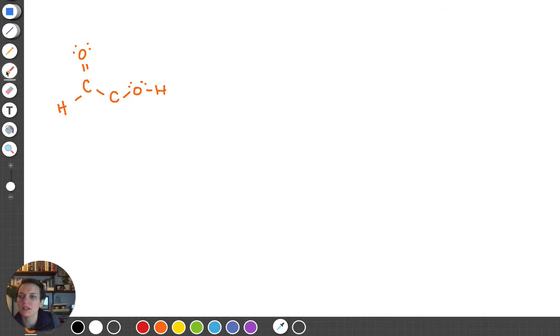Now we know that this is an acid, which means that if this were in water, it's actually going to have this form. So those electrons that were held in that bond are given to oxygen. You just have this proton floating around in your solution.